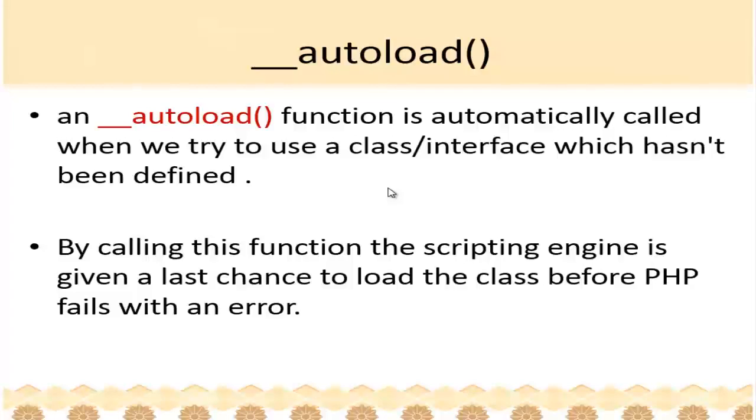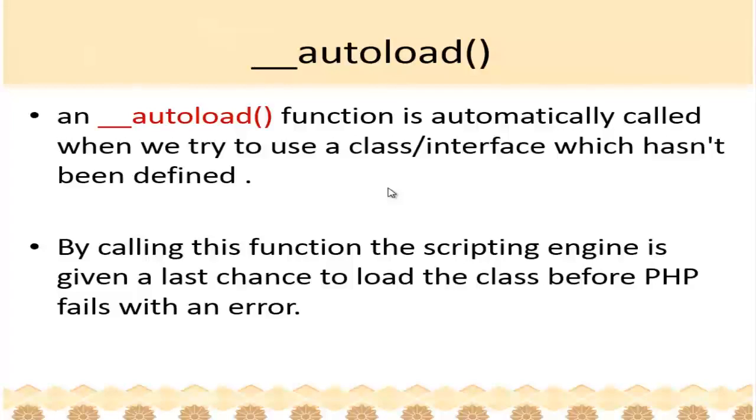If you want the interpreter to automatically load a class, suppose I say $student = new Student, and the Student class is written in a different file called student.php, and I want the interpreter to automatically load that class, then I can use autoload.